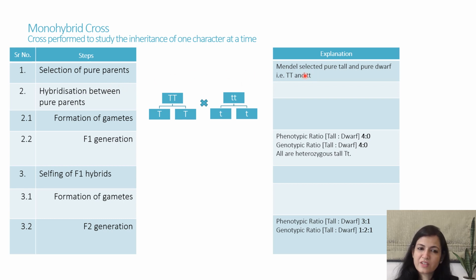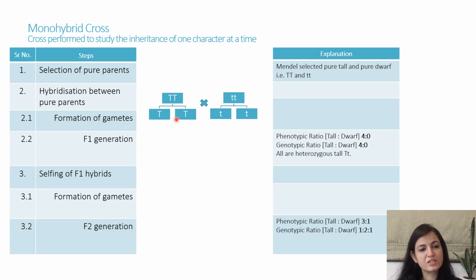Then after selecting these pure parents with the contrasting traits, he carried out the hybridization between the pure parents. Here we can see that a homozygous tall parent is crossed with a homozygous recessive dwarf parent. When both the parents are crossed, first the formation of gametes takes place.